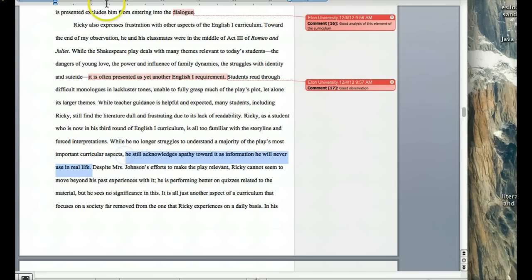Again, this would be probably prime territory for a quote.